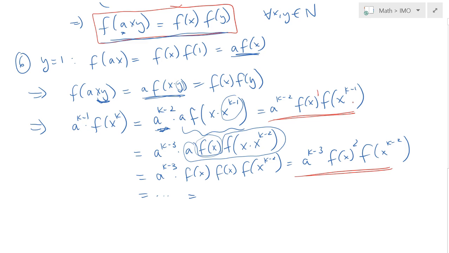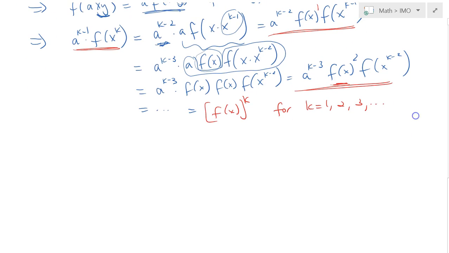We can continue this procedure until we reach that this guy basically becomes f of x raised to the kth power. All the a's as a result vanish, and all we got is a power of the function f of x for k equals 1, 2, 3, and so on, for all positive integer values of k.